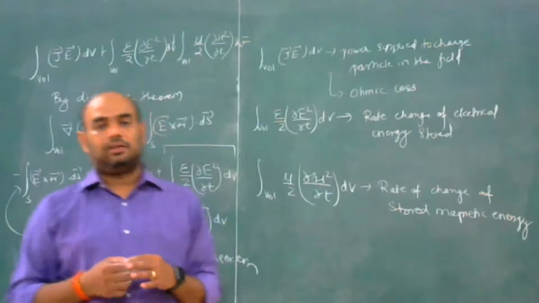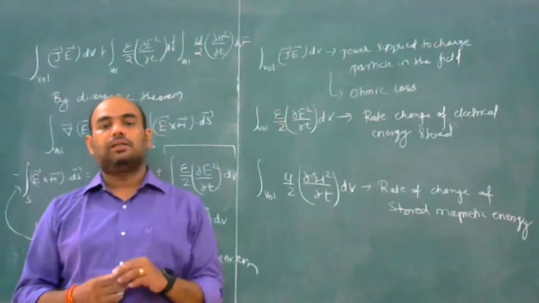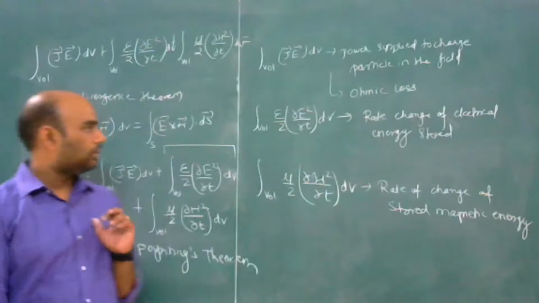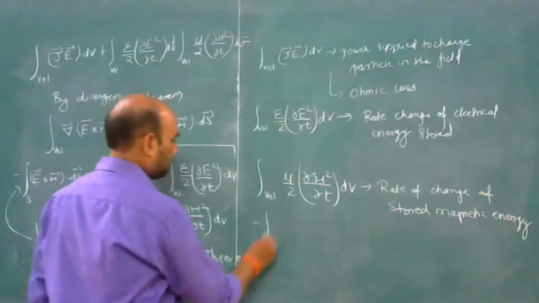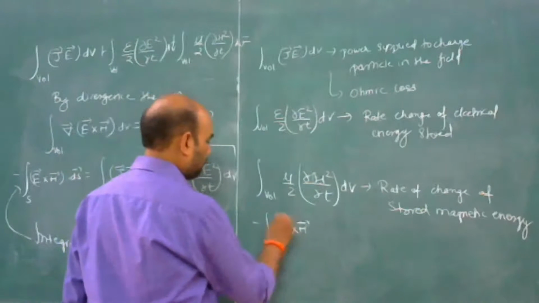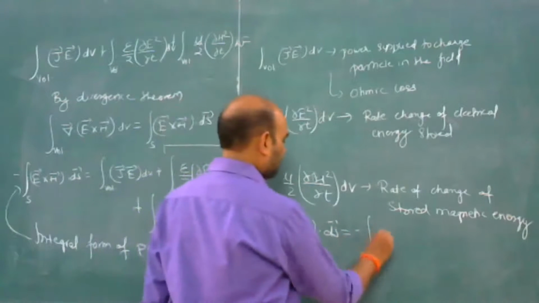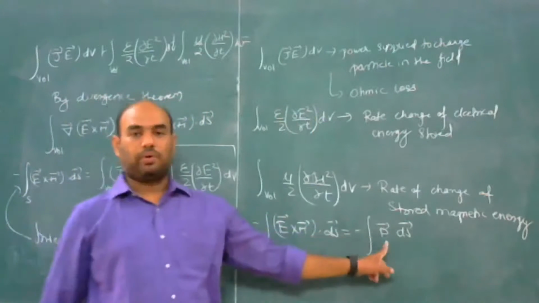Okay, and this term represents the rate of change of stored energy in an electric field. And this minus E cross H surface integral here can also be written as minus vector P dot ds. Okay, so this is the Poynting vector.